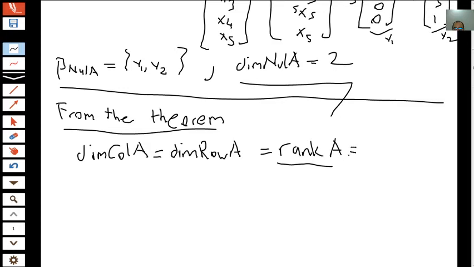And we know since the dimension of the column space is equal to the number of pivot positions, to find all of them, it is enough to find the number of pivot positions.